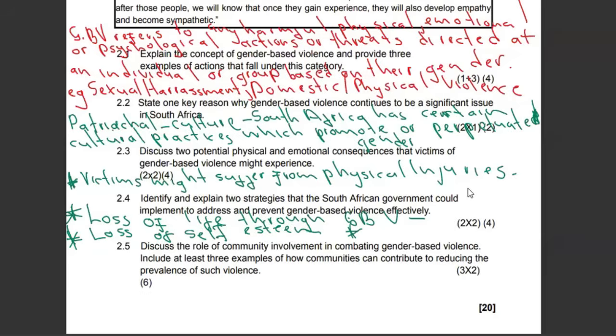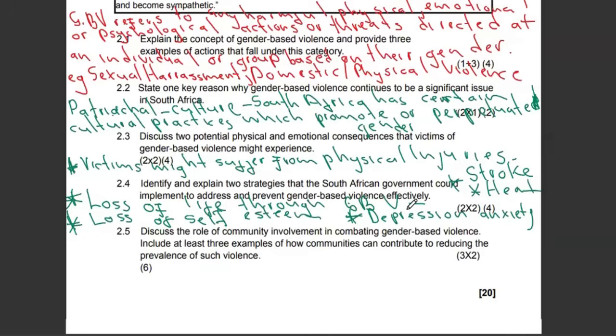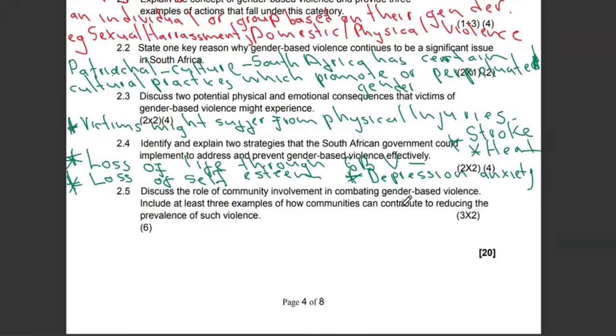Then it also results in depression and anxiety. Then it can also lead to things like stroke and heart failure. So all those are negative impacts which you can get through being a victim of domestic violence.